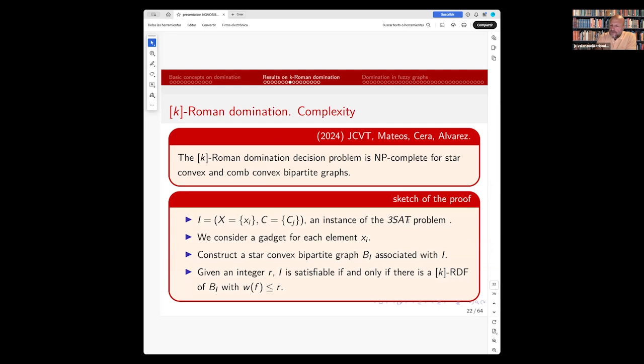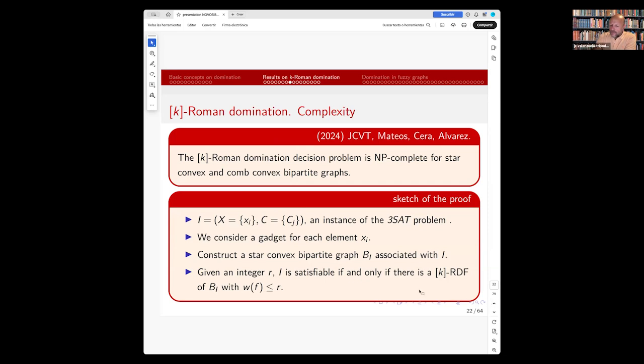We have proved it by relating the k-Roman domination decision problem with an instance of the 3-SAT problem, which is a well-known NP-complete problem. What we did is to consider a gadget for each element of the set X of the instance of the 3-SAT problem.